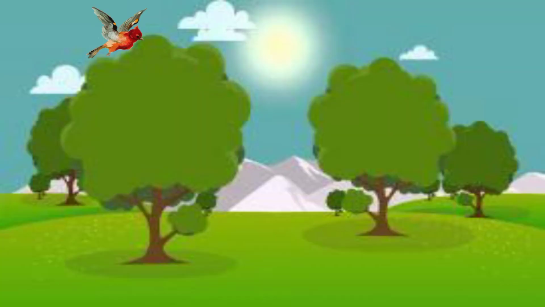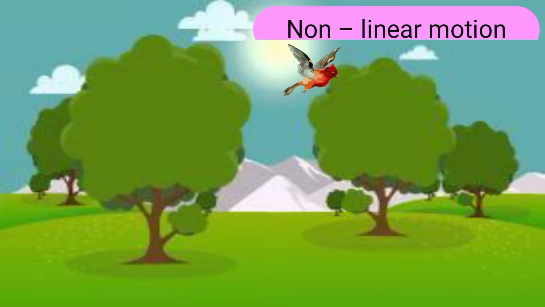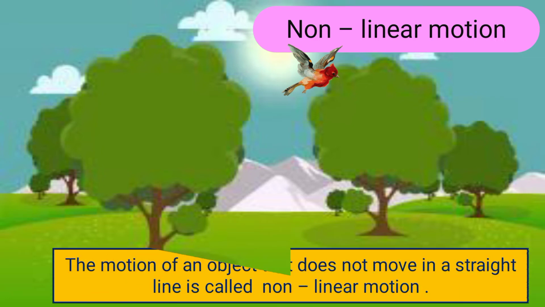So, my dear students, such kind of motion is known as non-linear motion. The motion of an object that does not move in a straight line is called non-linear motion. So linear means straight line and non-linear means not in a straight line.